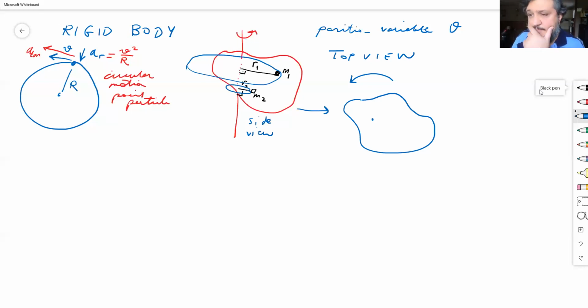In the top view, the rotation axis is towards you, coming out of the board. Usually this symbol is used for that, a dot in a circle. This means coming out of the board, out of the page. And this, a cross inside a circle, means into the page.